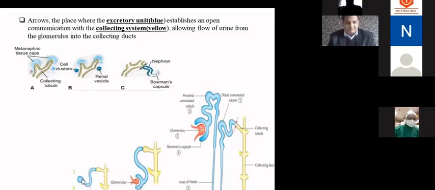The later part will elongate and differentiate to form the proximal convoluted tubule, loop of Henle, and distal convoluted tubule, which will join the part formed by the ureteric bud, that is the collecting system, and open into the collecting tubules, giving rise to the complete functioning nephron. So here we can see the formation of both the excretory component and the collecting component of the nephron.